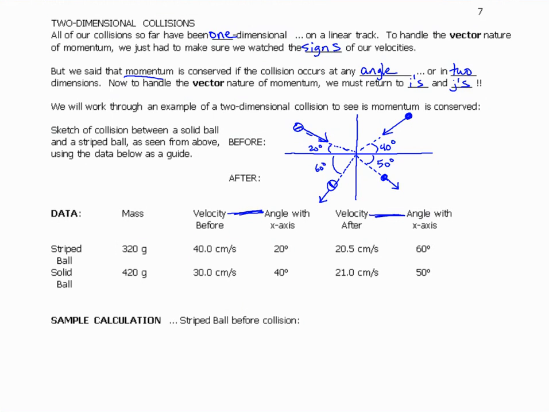So a sample calculation, one of four of these: the striped ball before the collision. So here's what happens. Here's the striped ball. It is moving like this. Make that a little longer.